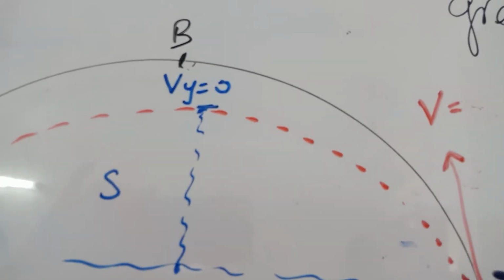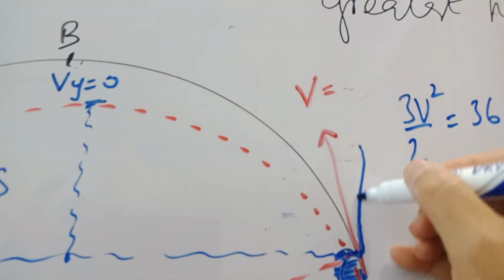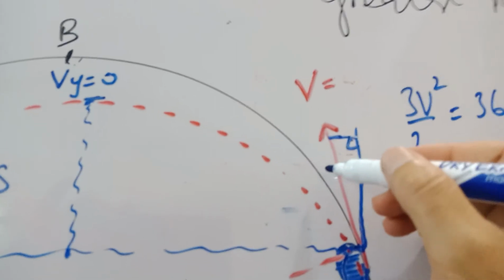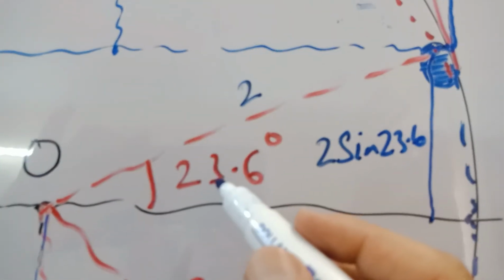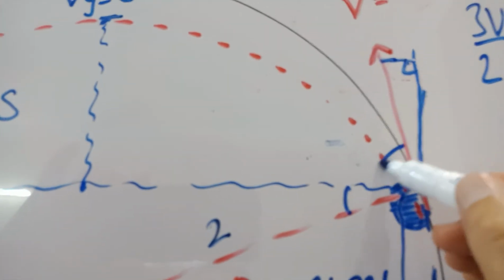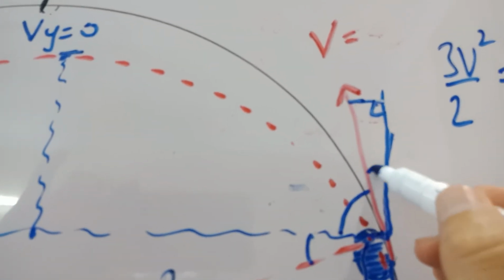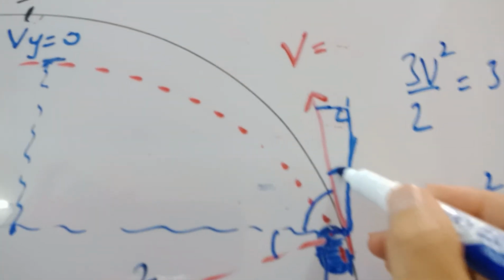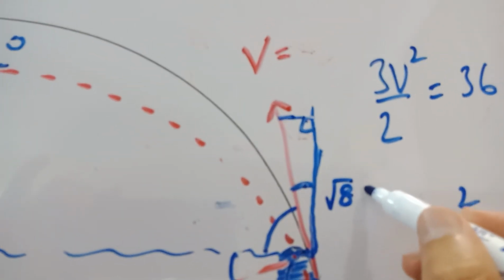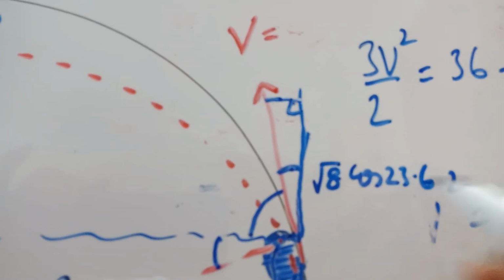Now if I resolve it, this one here is the vertical component, and this one is the horizontal component. We know that this is V. Now this is 23.6, this is going to be 23.6, and this angle would be 90 minus 23.6. So this is going to be under root 8 cos 23.6.